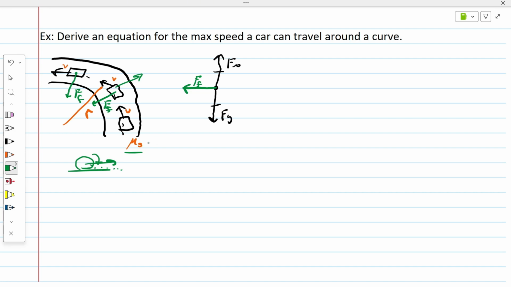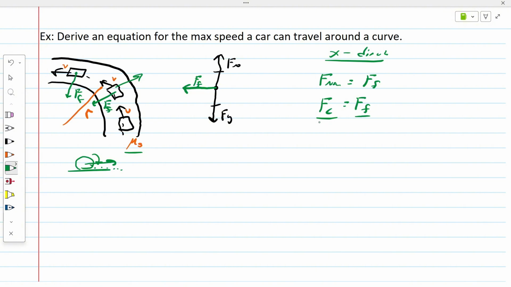So if we do our equation in the x direction, we know the net force is equal to this force due to friction. And because this car is traveling along a curve, we can say that this net force is F_c, the centripetal force, equal to the force due to friction. We have an equation for F_c, and we also have an equation for the force of friction.